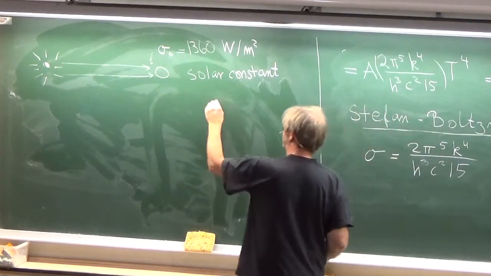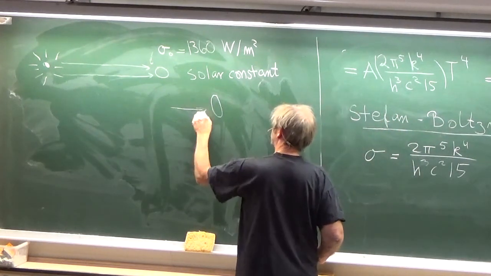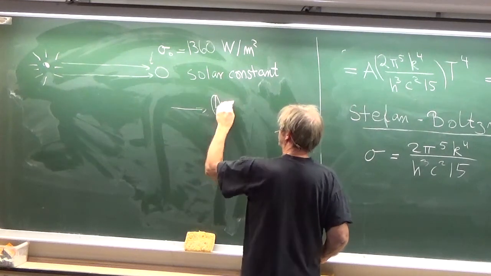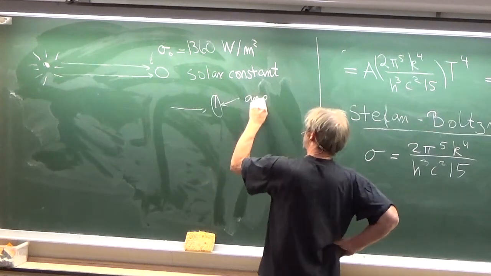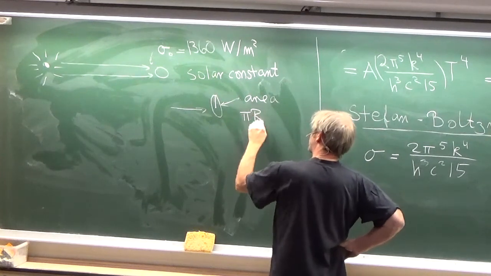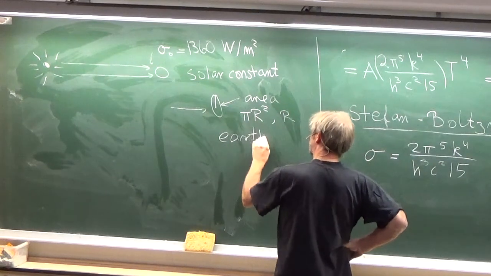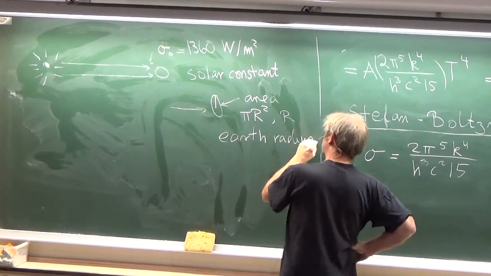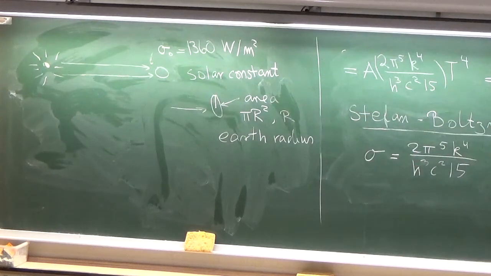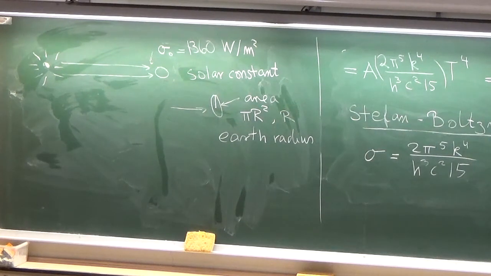And the solar constant that hits the Earth hits an area of pi r squared. It doesn't hit the full sphere, it only hits the projection, which has area pi r squared, 1/4 of the area of the surface of the Earth.